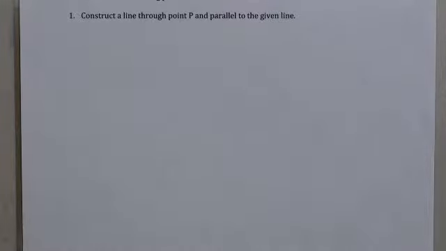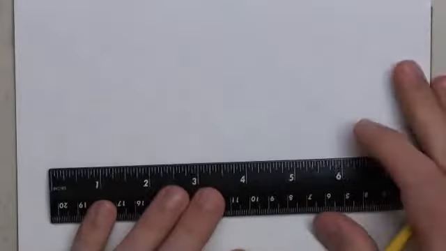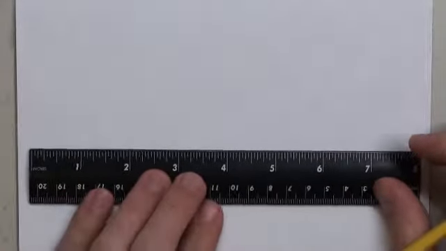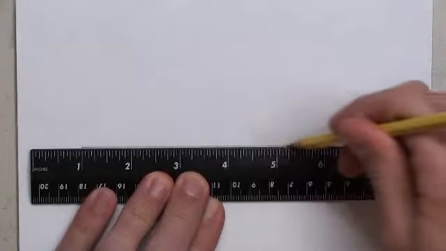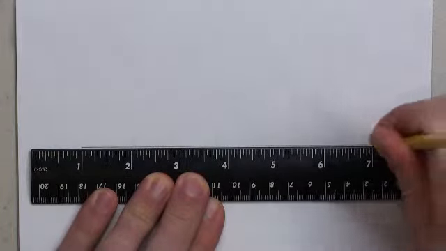So, about halfway down the rest of the page, I want you to make a line that goes from the 1 to the 7. Okay, and then a little bit to the right side, an inch or two up.